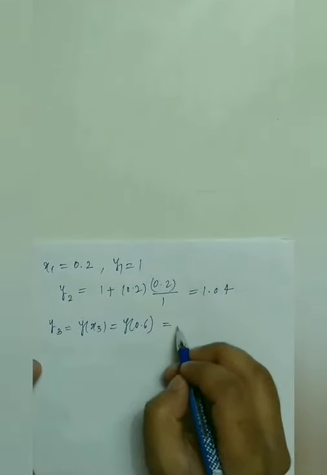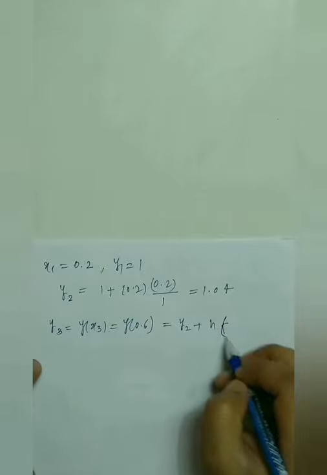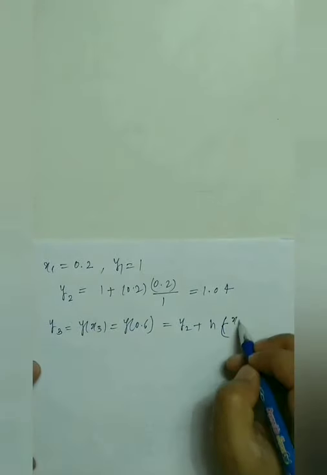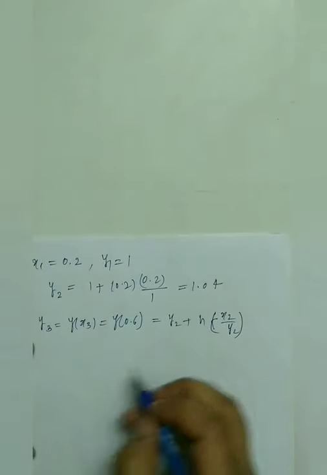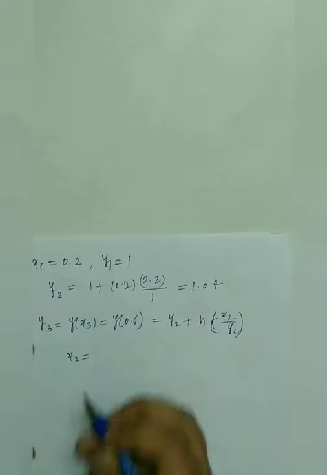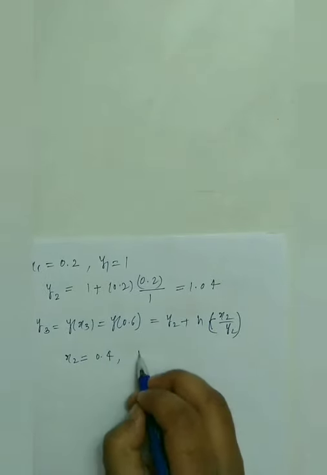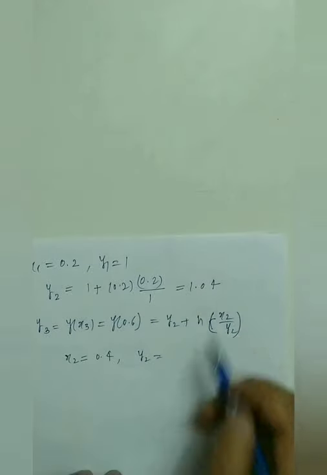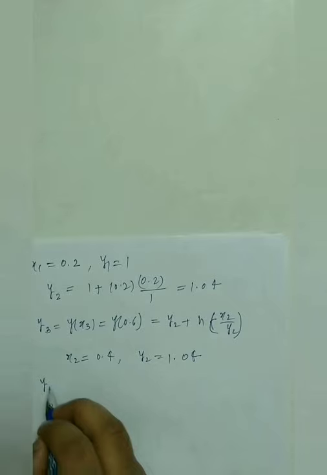This will be equal to y2 plus h times x2 upon y2. After putting the values, x2 is equal to 0.4, and y2 we found is 1.04.